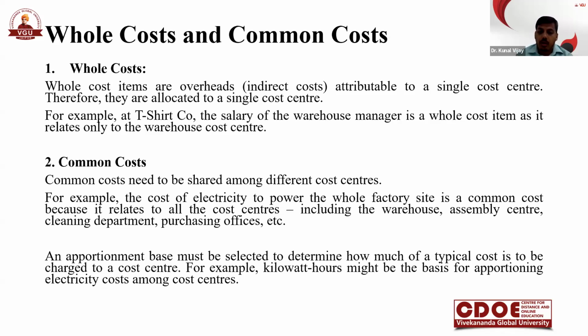For example, kilowatt hours might be the basis. So the basis is also important for allocating the cost. For rent, area is important. For electricity, kilowatt hours are important. For repairs, type of machine is important. So there are different bases of apportionment.